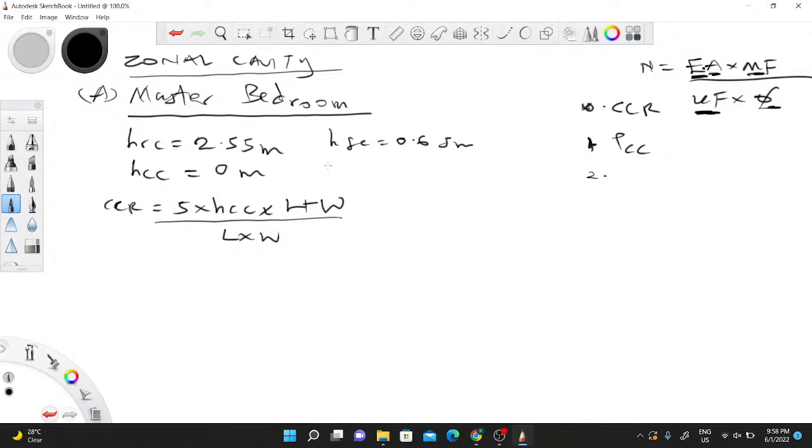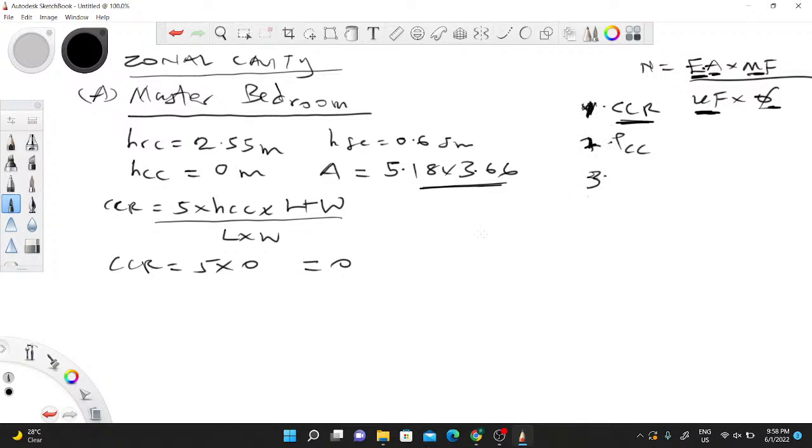From the drawing, the master bedroom is 5.18 by 3.66. So my ceiling cavity ratio is 5 times HCC, which is 0, so it gives me 0. Fantastic. When you find your CCR, step 1, step 2 is to find your rho CC.